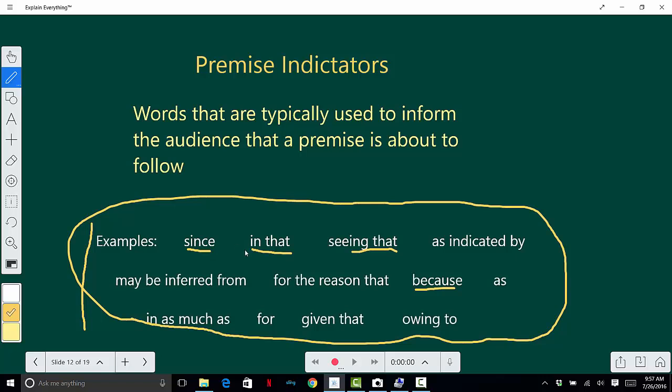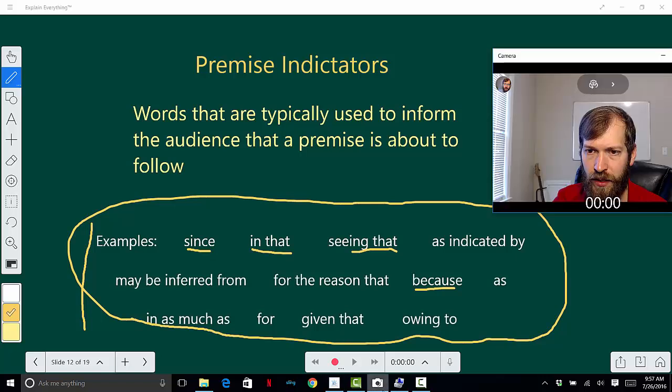Plus, it probably doesn't do you a whole lot of good memorizing which words are premise indicators. Instead, you should try to get an intuitive grasp and be paying attention to passages, looking for these types of indications, and doing this meta-reflective task on passages, thinking to yourself, what is the author trying to tell me when they use this word?